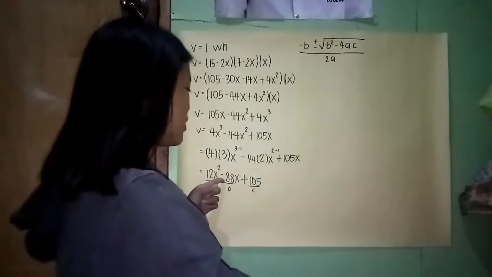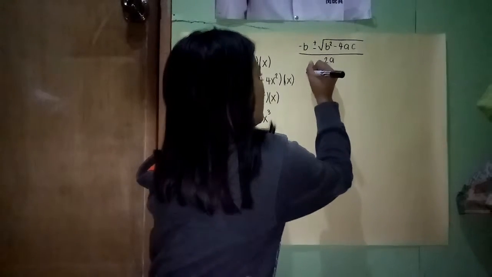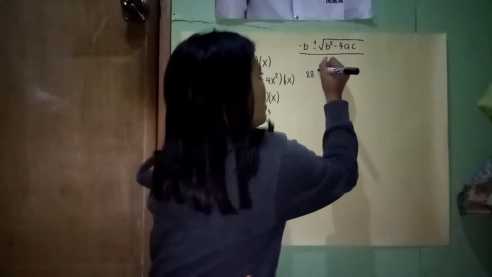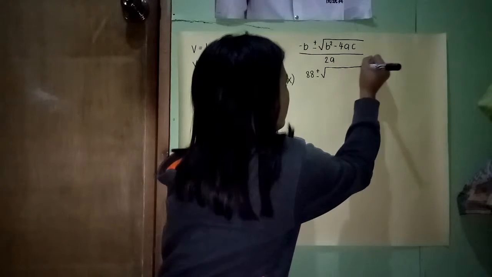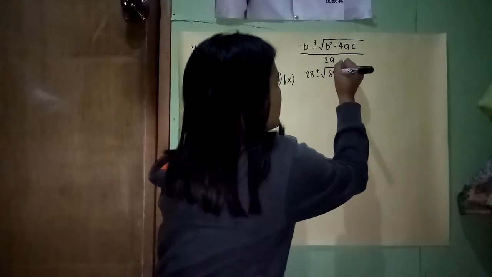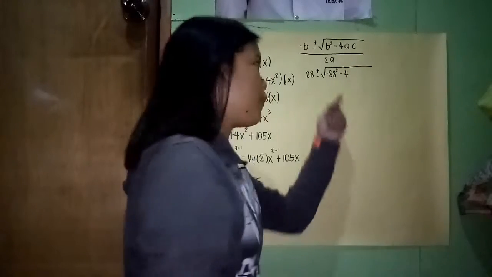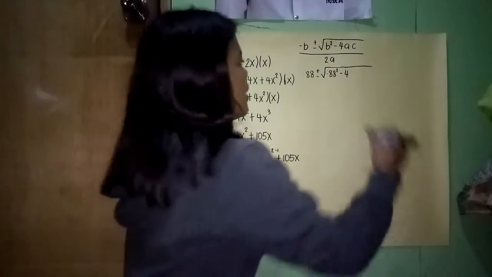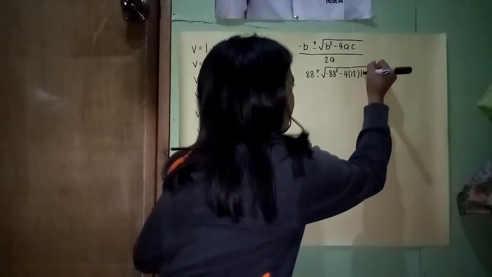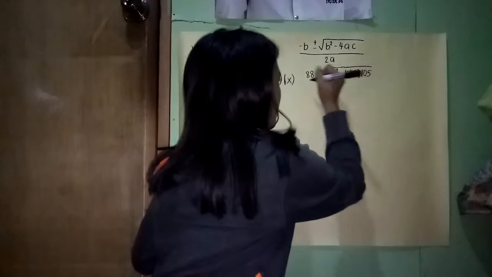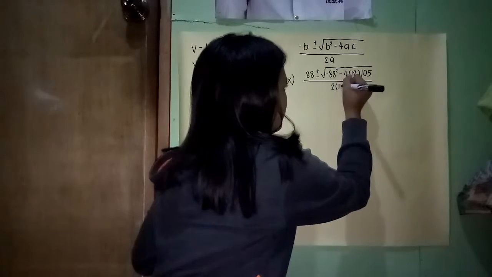Since b is negative 88, it is now going to be positive 88, plus or minus the square root of negative 88 squared minus 4 times a, which is 12, times c, which is 105, all over 2 times 12.